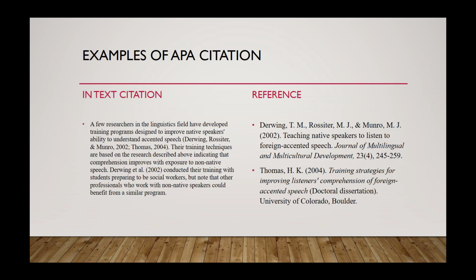Then in the last sentence, you'll see where I've used that 2002 article again, but instead of putting everybody's name, we use et al. So this is an example of what it would look like in text. Now your reference list is on the right, and that's the way it would look. These are the typical formats for article citations, and a dissertation, the last one.